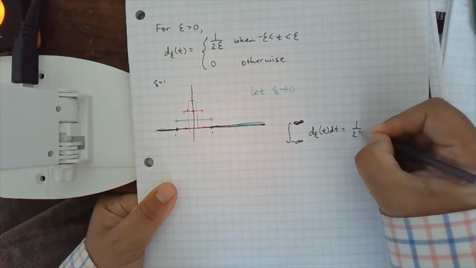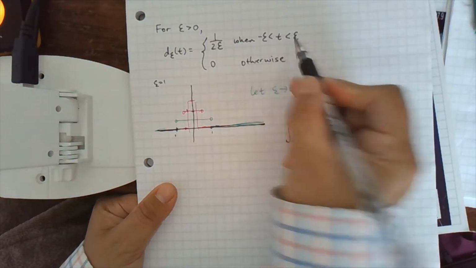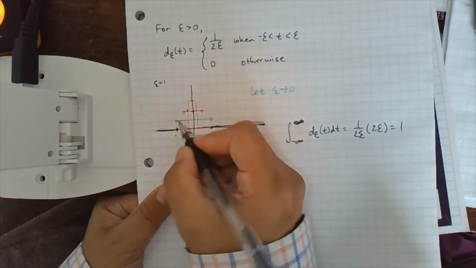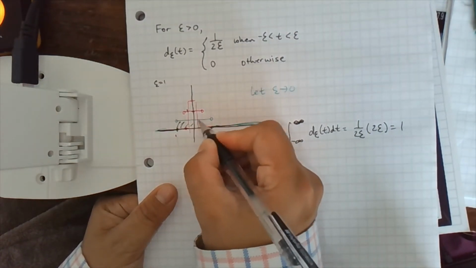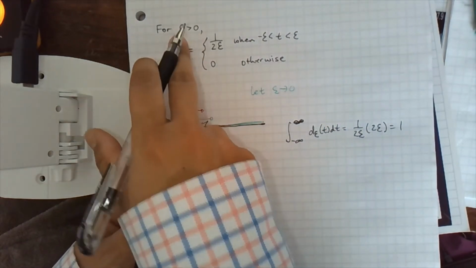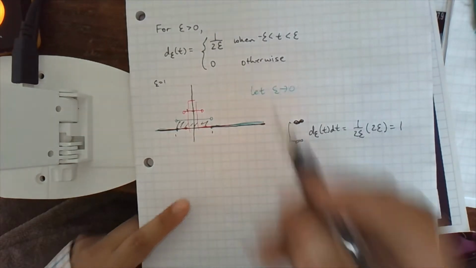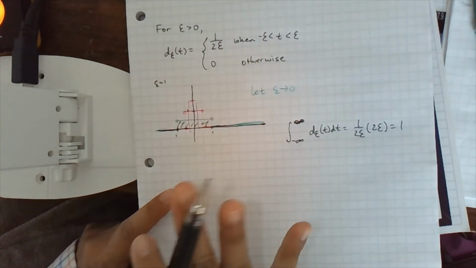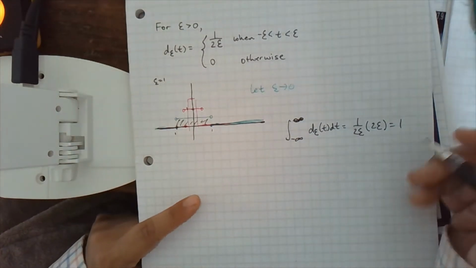So 1 over 2 epsilon times the length of that interval, which is 2 epsilon. So that integral is always 1, and it's 1 either spread out over a longer period of time or a shorter period of time. And we could define this for large values of epsilon too, but normally in math when we say for epsilon greater than 0, we're talking about pretty small values of epsilon.